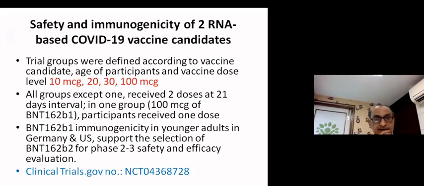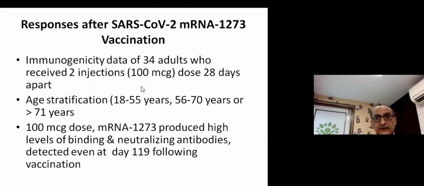Just a little word about the safety and immunogenicity data of different formulations of the Pfizer vaccine. They settled on the 100 microgram dose which they will be using in their final phase 3 trials, and this has been shown to be quite immunogenic.